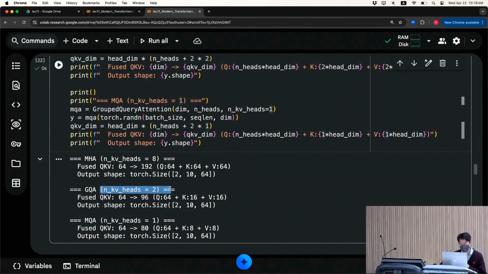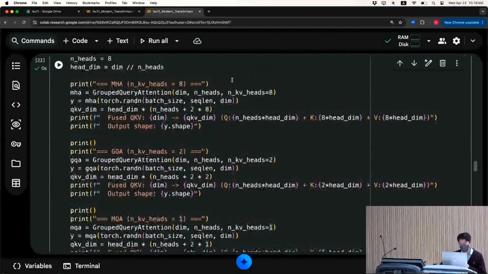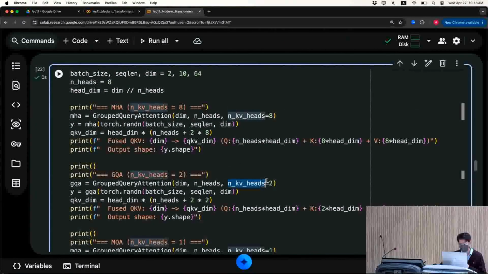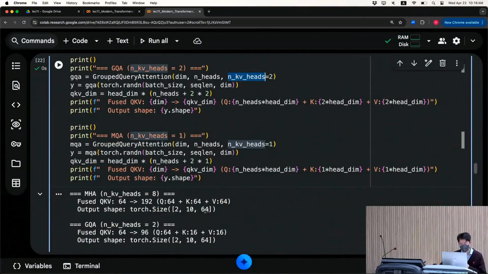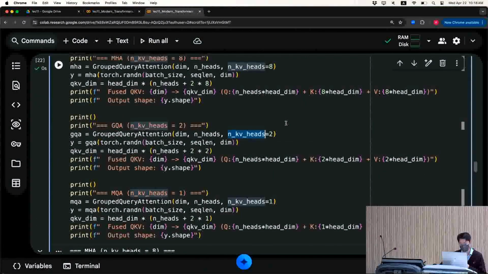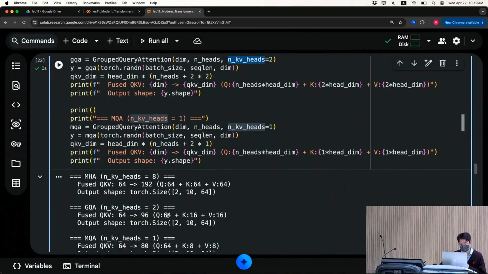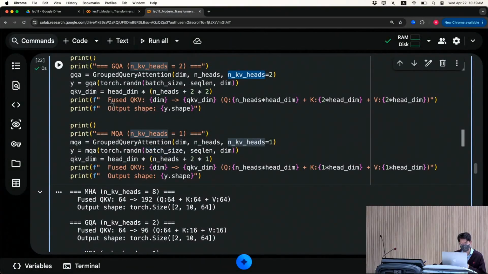So here there is 2 KB heads. So 4 query head is going to share a single KB head. So 4:1 ratio, or divided by 4. So what is it project?